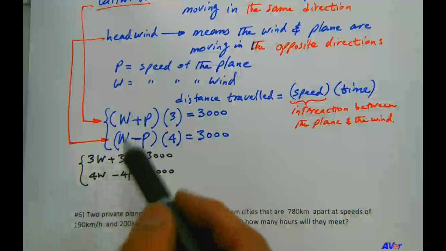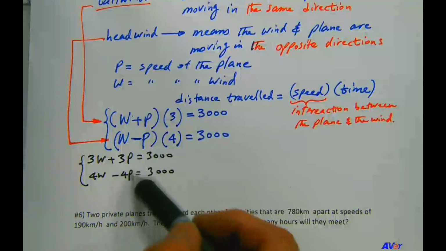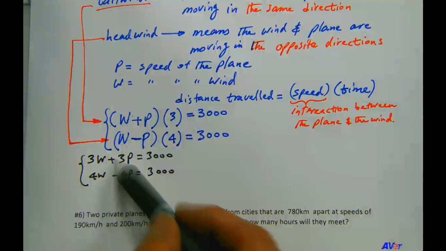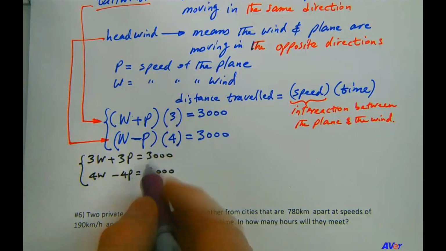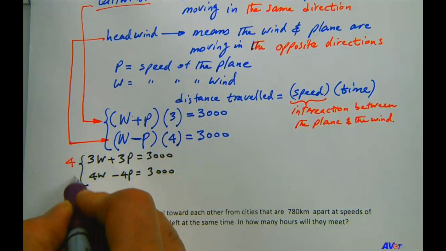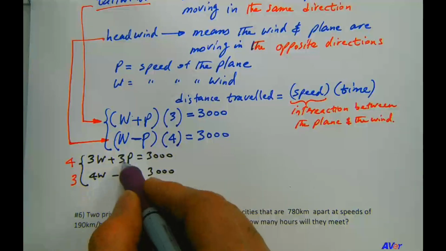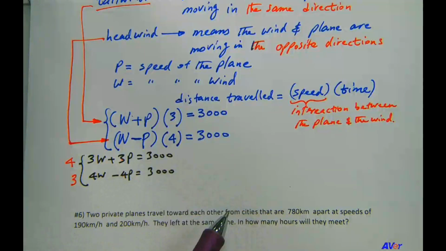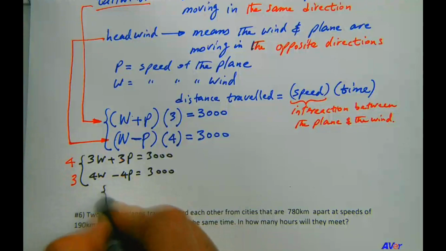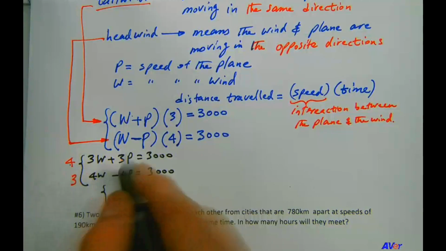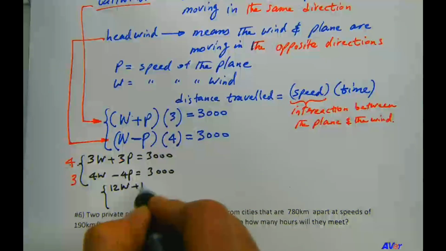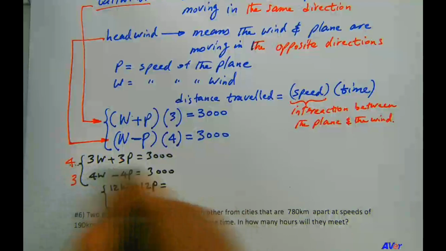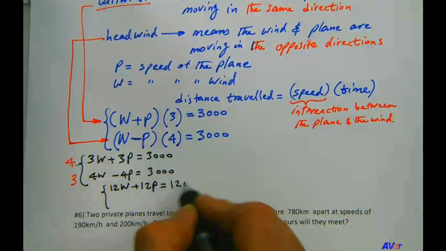So because the plane variables already have opposite signs, I'm going to multiply the top equation by 4 and the bottom equation by 3, so I get equal but opposite coefficients for the variable plane. Okay, so what do we get? 4 times 3 is 12W, 4 times 3 is 12P, equals 4 times 3,000, 12,000.